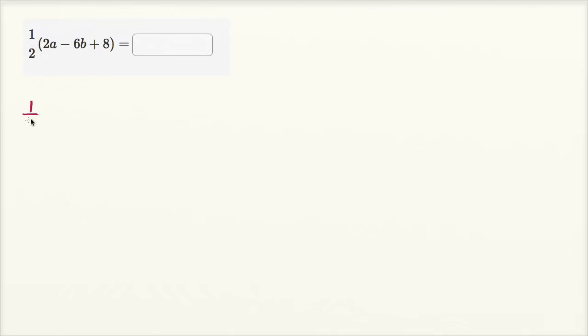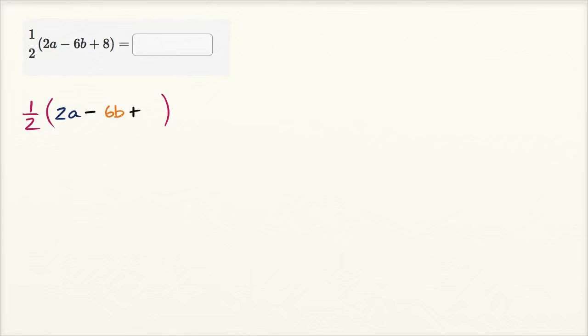So this is going to be 1/2 times, give myself some space, 1/2 times 2a minus 6b, and then we have plus 8.